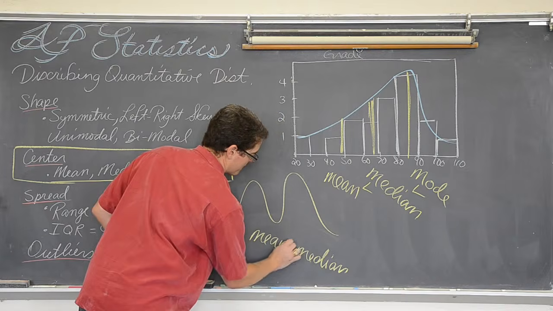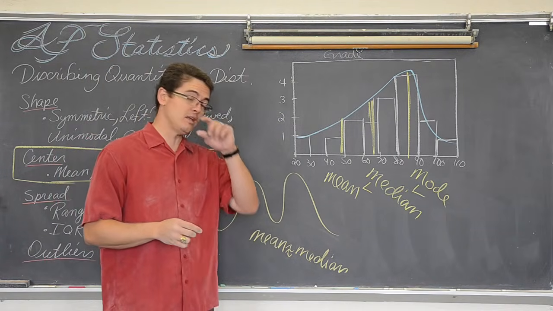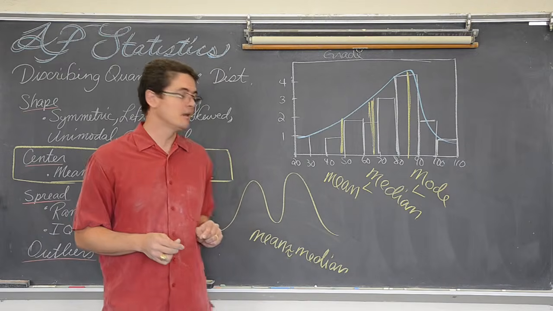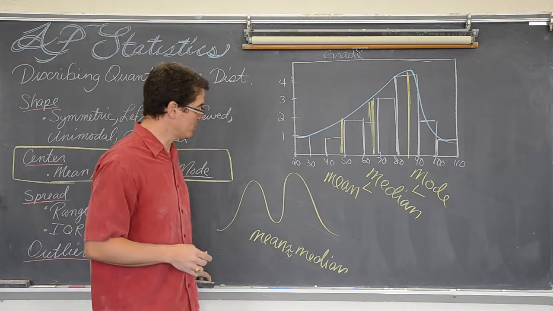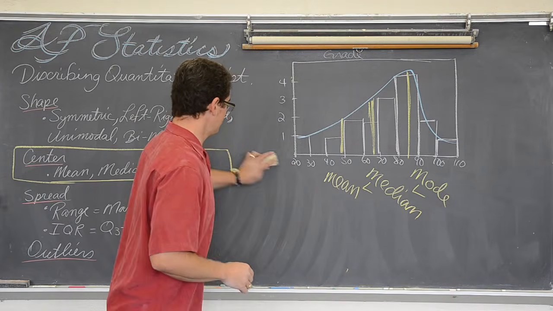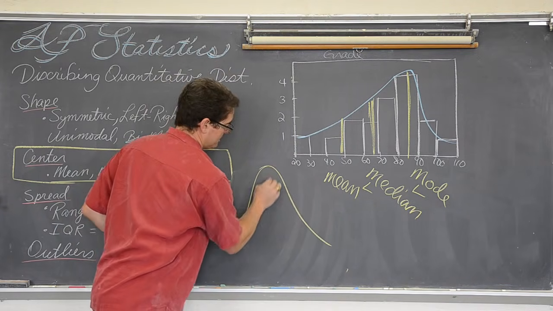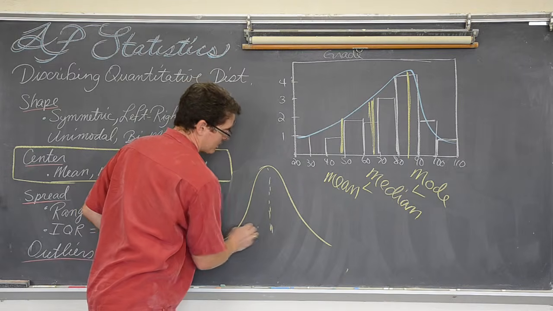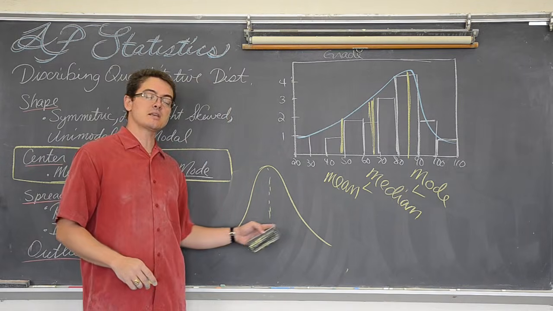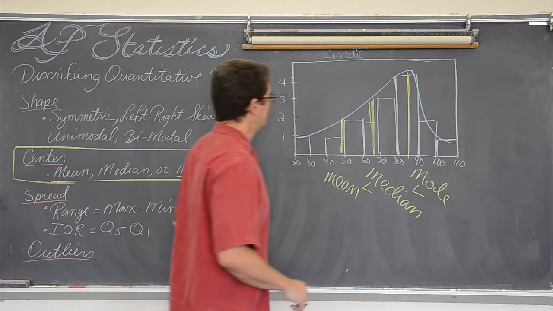So if your mean and median are roughly equal, that's your sign of symmetry. And this will be repeated later, but if your mean, median, and mode are all the same, that is a sign that you have a unimodal symmetric distribution.